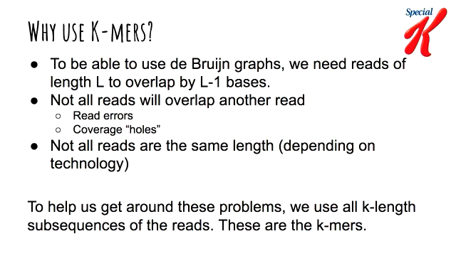Well, what if we set our k length to just shy of that region? We could pull out all the really good information from our reads, and still use a read that has an error in it, because we can just pull out the bit of the read that's good and leave off the bit that has an error, or the bit that has an error won't affect our graph too much, hopefully.